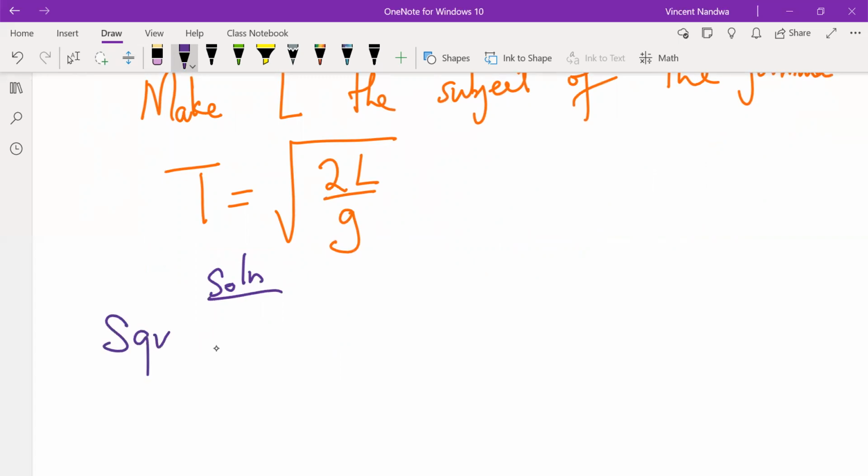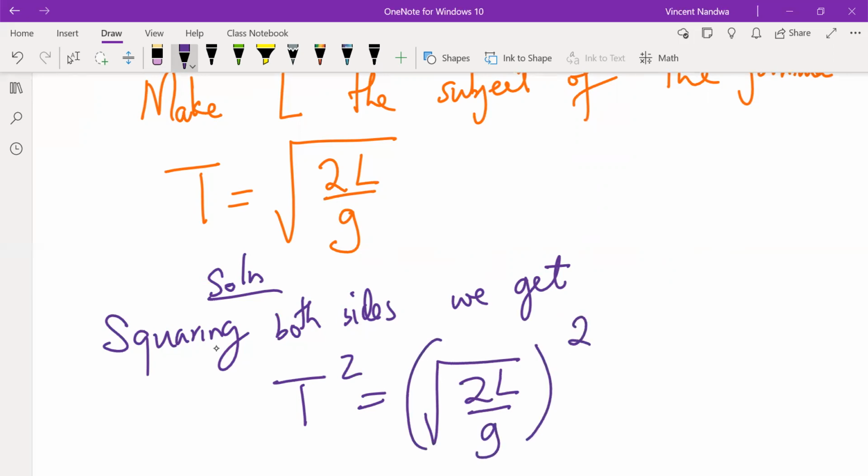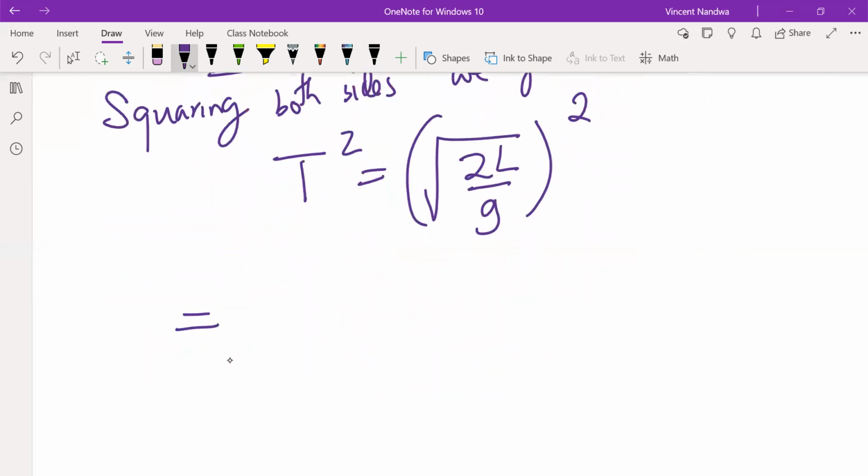So squaring both sides. We get T squared equals to square root of 2L over G squared. I remember square and square root cancels out, so which means T squared equals to 2L over G.